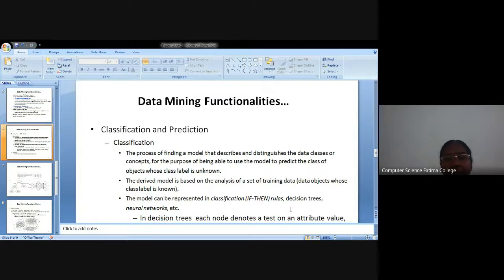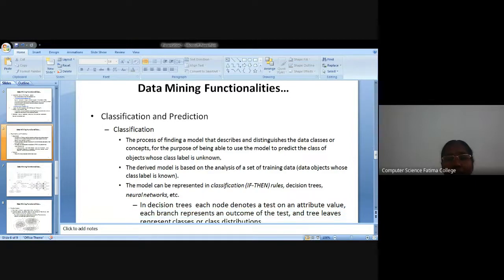The derived model is based on the analysis of a set of training data, meaning data objects whose class label is known. This model can be represented using if-then rules, decision trees, or neural networks.